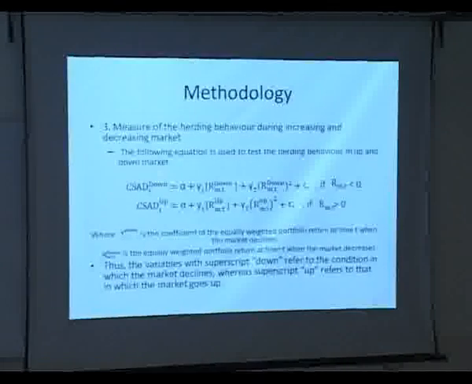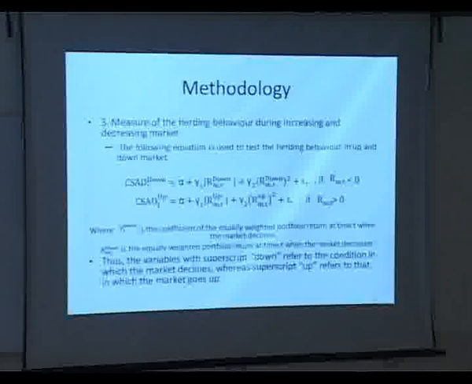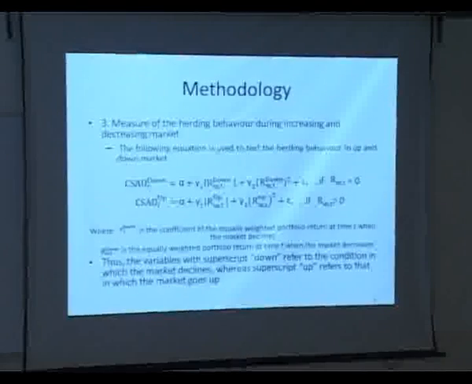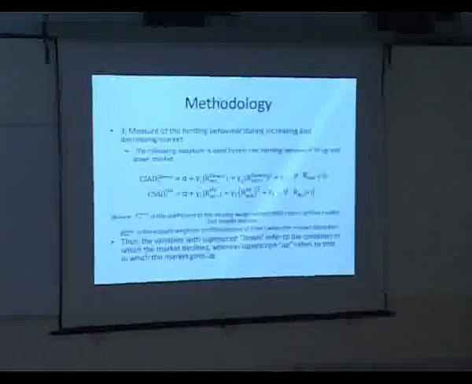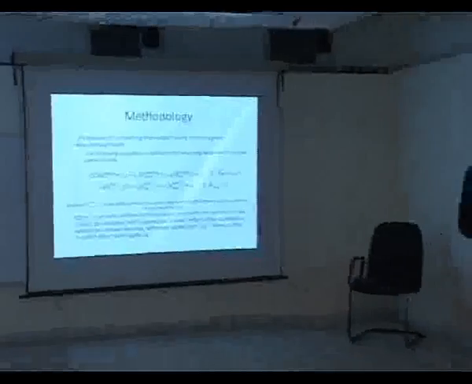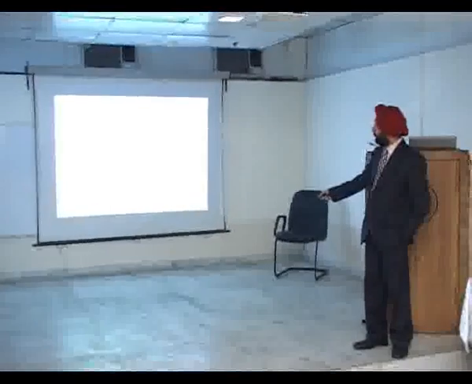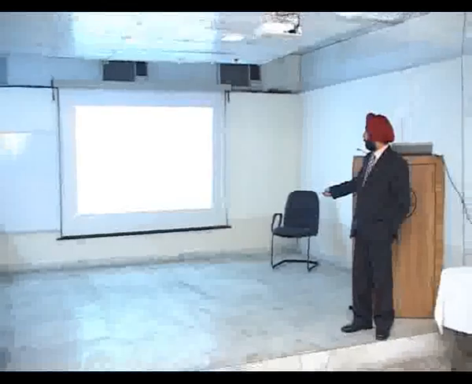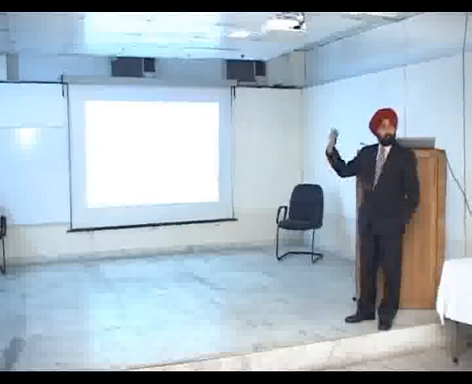The following equation is used, again with dummies, a different equation, down market, up market. We have taken the market returns squared to show again whether herding exists or doesn't exist. These lambdas are nothing but the proportion, if we put the return at time t when the market goes down and when the market goes up.